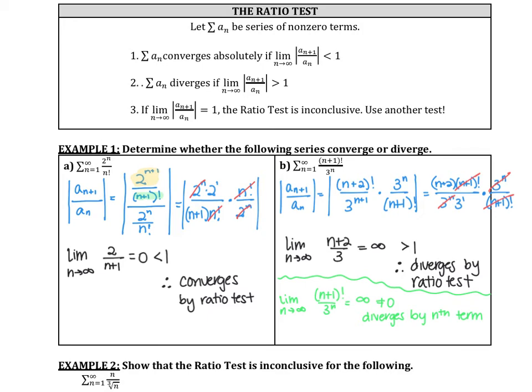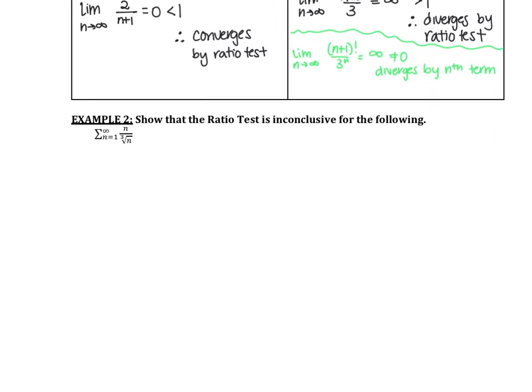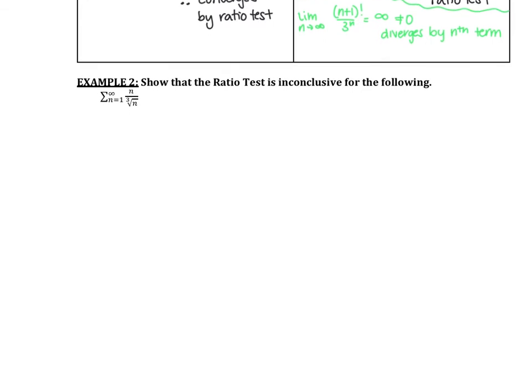Okay, let's look at what it looks like for the ratio test when it's inconclusive. Here we go. We're going to do a sub n plus 1 over a sub n. So I have n plus 1 over the cube root of n plus 1 times the cube root of n over n.